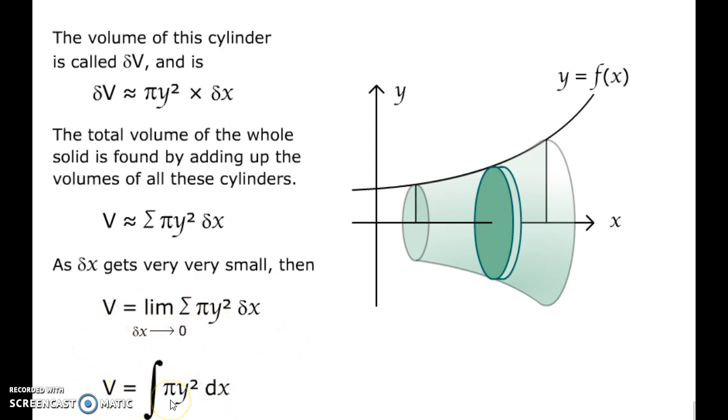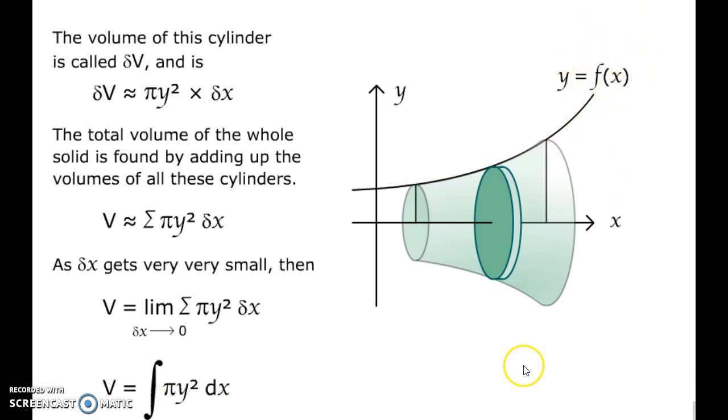Pi is always there because it's a solid, and pi y squared is the area of the circle. Any line or curve you rotate will form a circle at the cross section, and the height depends on the values of x. Delta x represents the thickness, pi y squared the area, and y is basically the function.